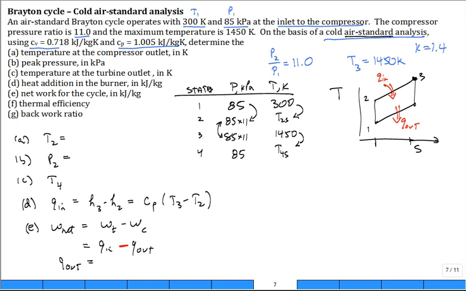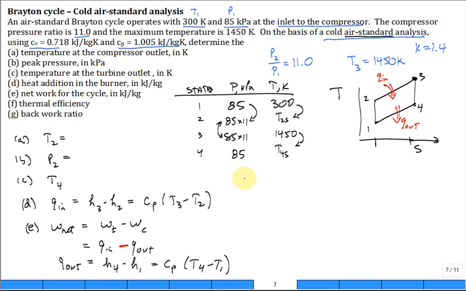And so Q out is, this is state 4 right here, maybe write it in terms of H's first. H4 minus H1, so it's C sub P, T4 minus T1. Once you have all the temperatures, boom, you're getting all of them. So that's how you then calculate the net work for the cycle.